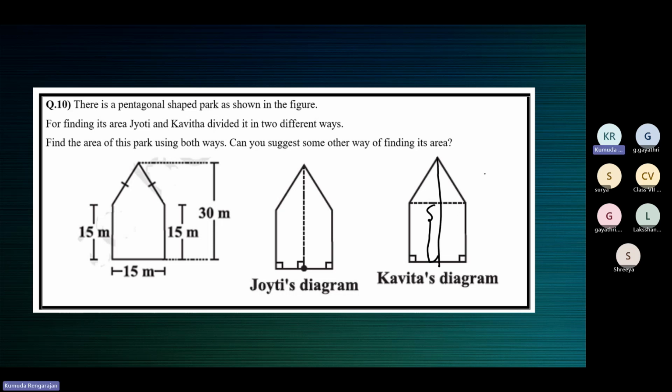15. No, this is 30 from here. This one is 30. How much is this? 15, because this is 15. Here, this one is also 15. Then how much will be the rest of it? 15, because the total height from here to here is 30.